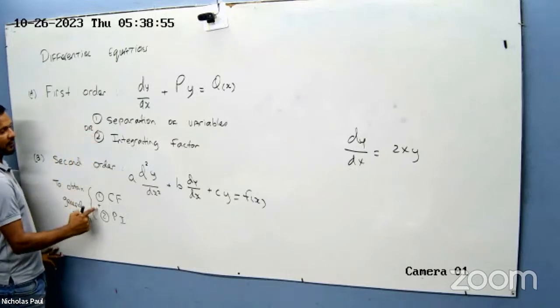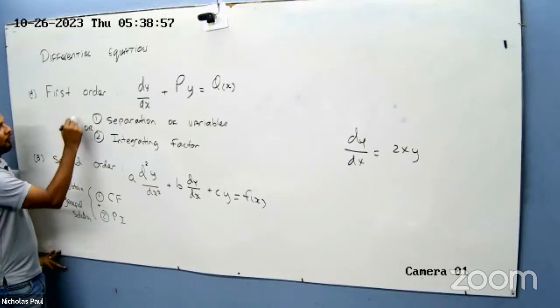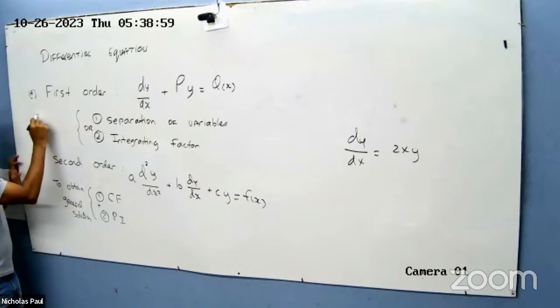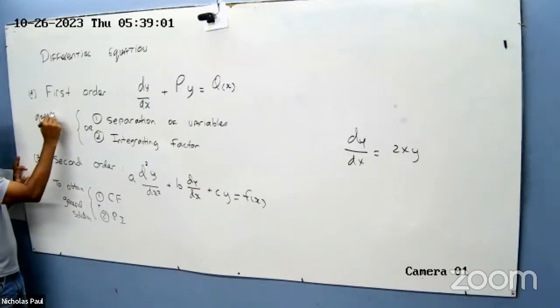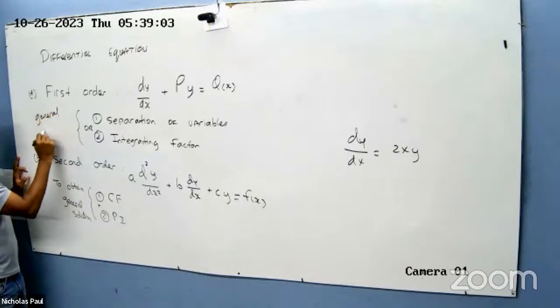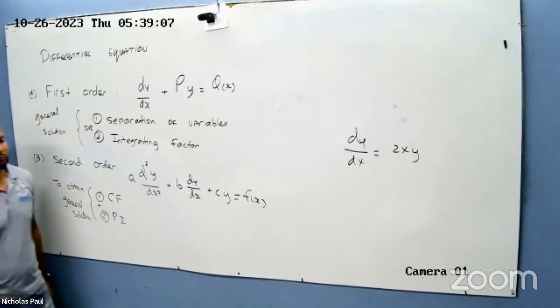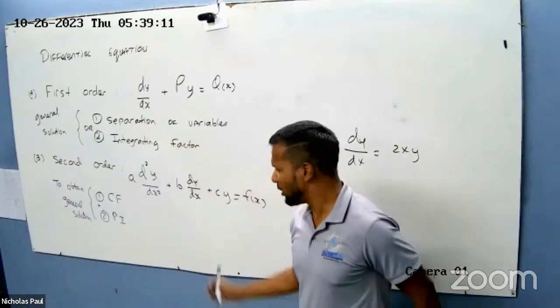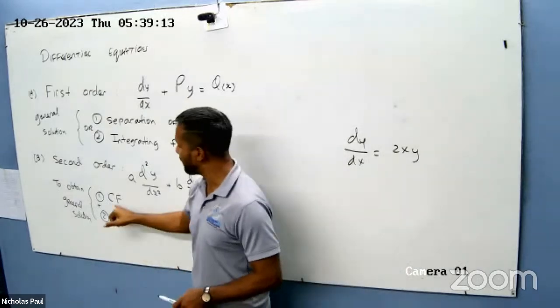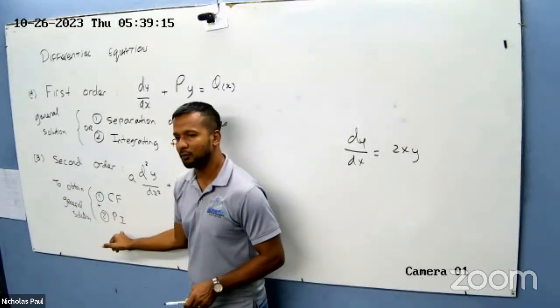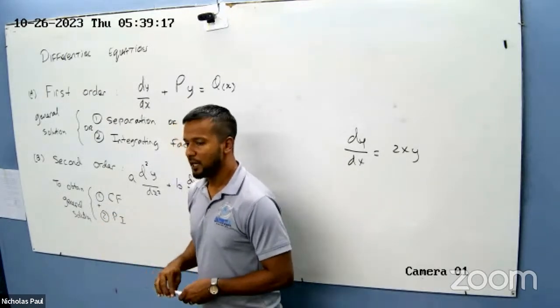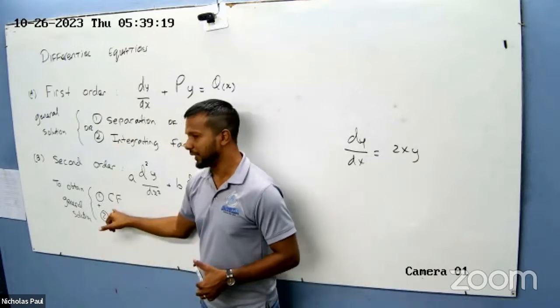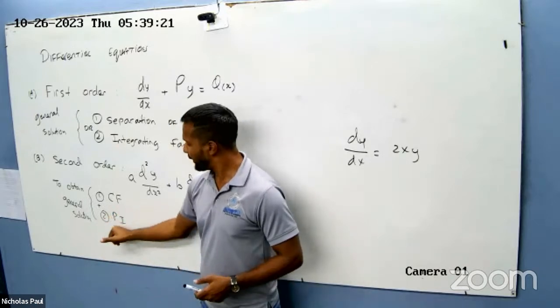So to solve it or to get the general solution, these are the things that we're going to do. I'll show you that later on. This is your complementary function and particular integral. So we're going to have to learn to obtain those things.